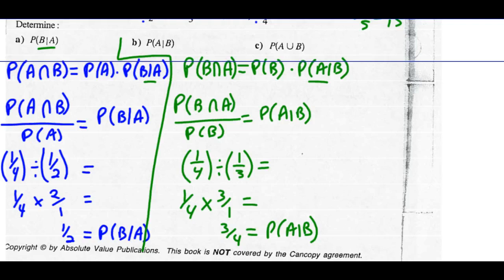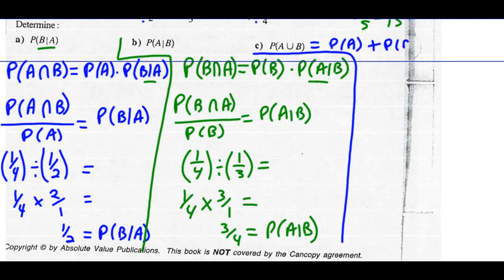Last one. Probability of A union B. So our formula says the probability of A union B is equal to probability of A plus the probability of B minus the probability of A and B. So we know the probability of A, we're told that is 1/2.